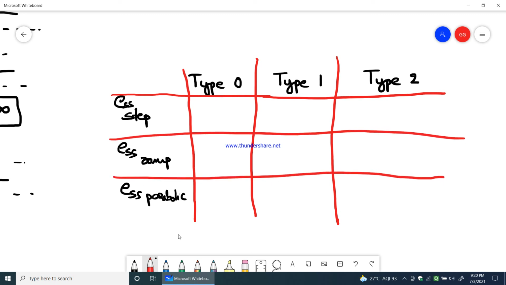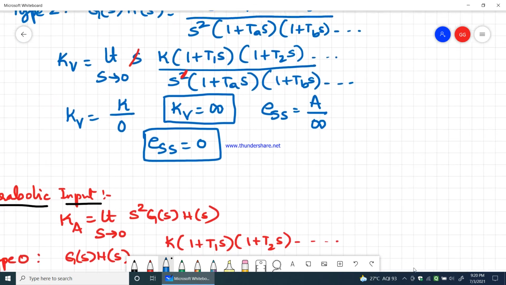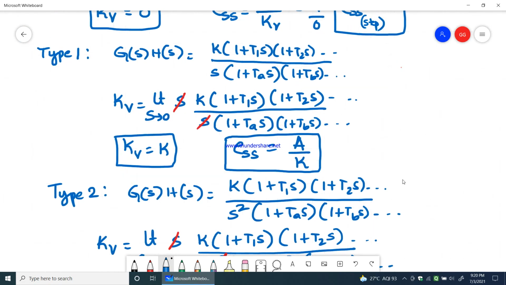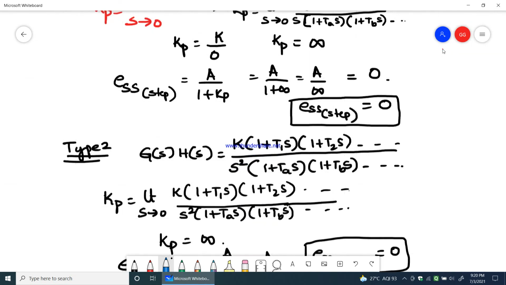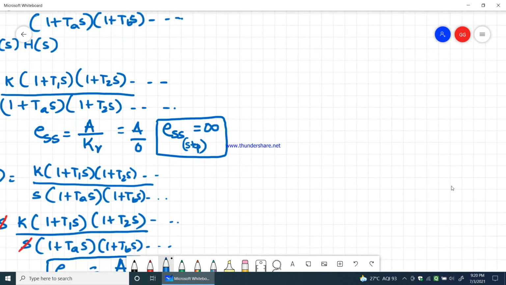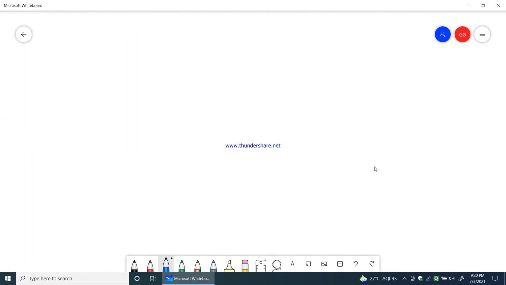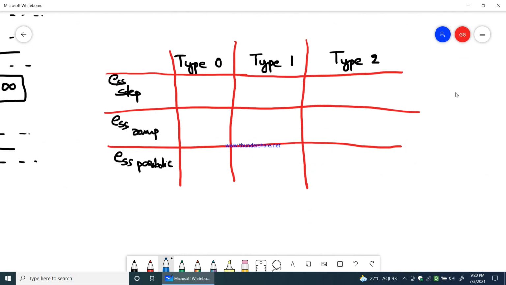Okay. Now what is ESS for type 0? For type 0, if you go back and see, the Kp value is actually, for step, A by 1 plus K, and the other two are 0, for type 1 and type 2.